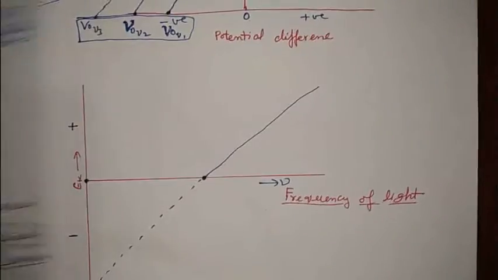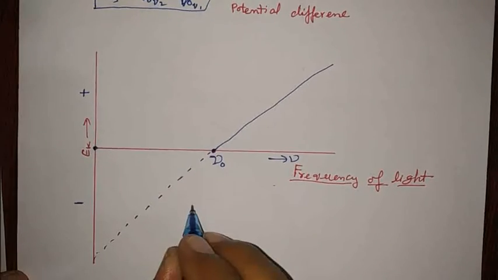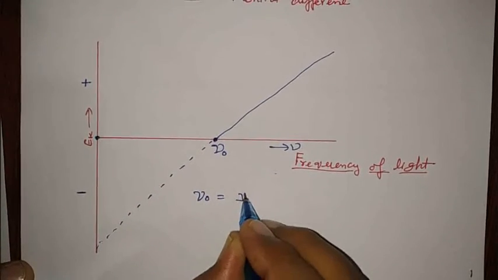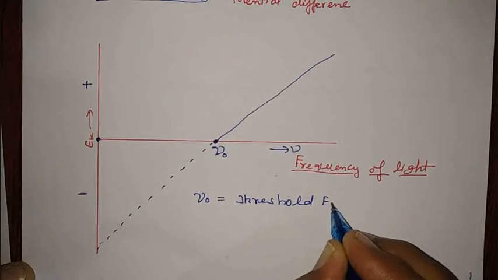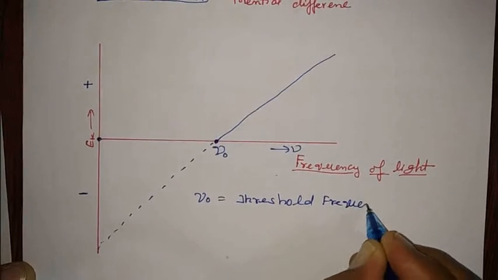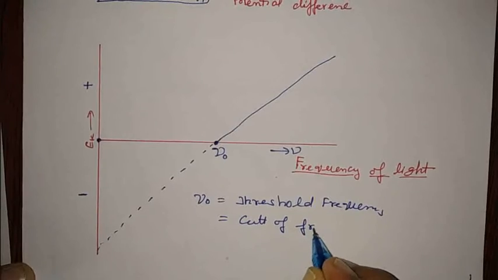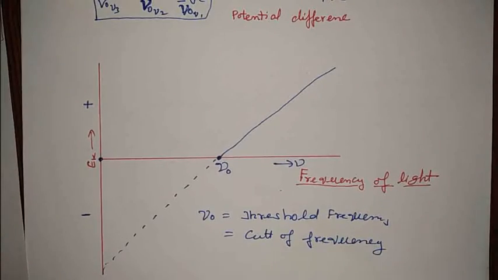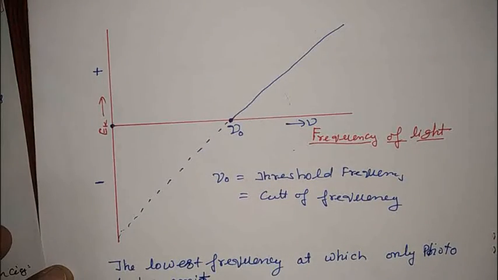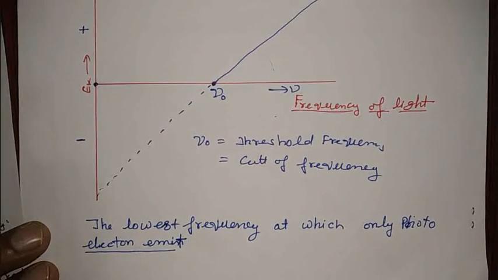At this situation, the frequency is represented by nu0. This nu0 is called the threshold frequency or cutoff frequency.